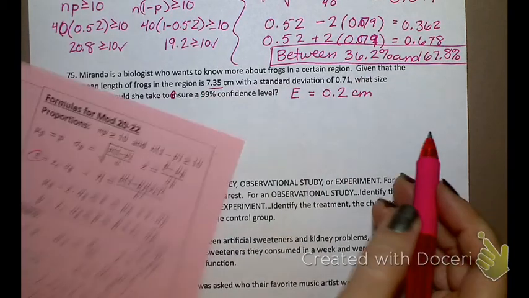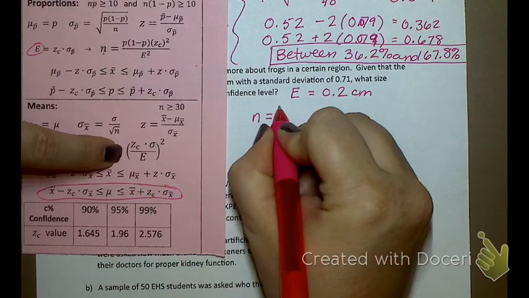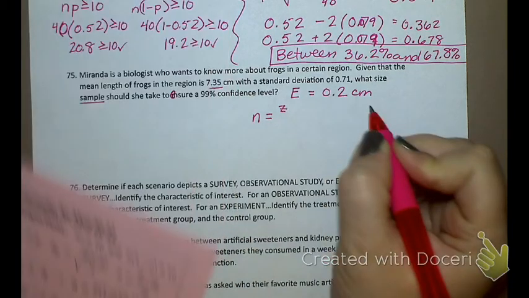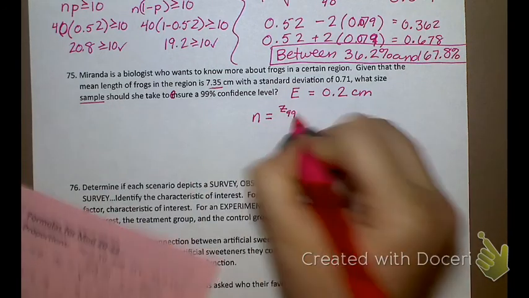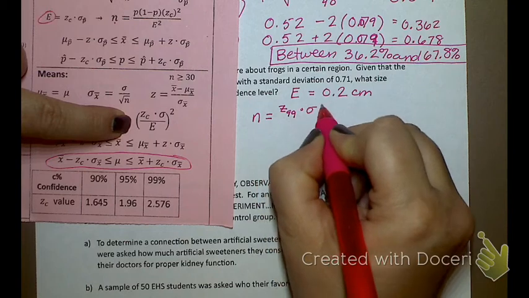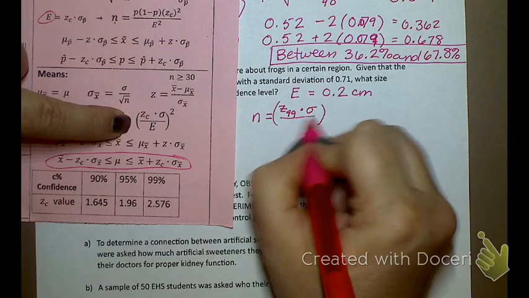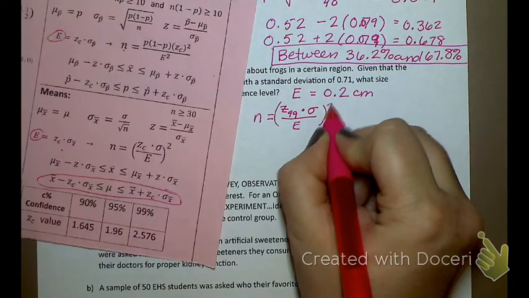So our sample size is going to equal Z sub C. What is our C value here? 99. Times the standard deviation divided by the margin of error, sorry. And we're going to square that.